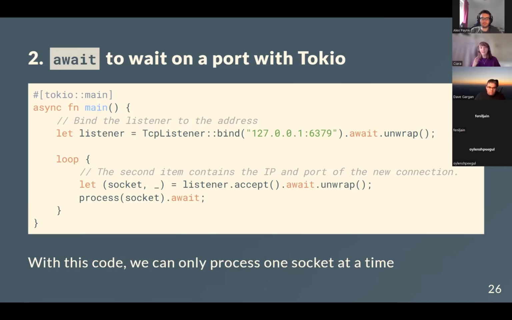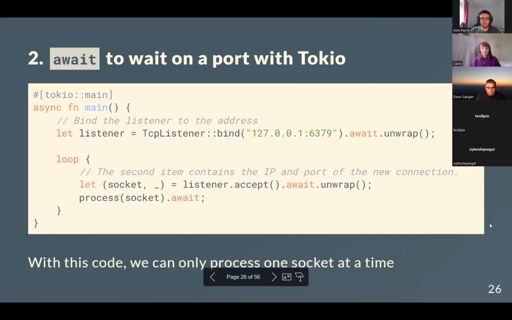But what's important to note about this code is it's only going to process one socket at a time. So it can only do one thing at a time, because that await keyword means it's blocked. It's not blocking the thread, but it is blocking this particular execution path. So it's yielded back, but it's not going to carry on and go on to the next line of the loop.